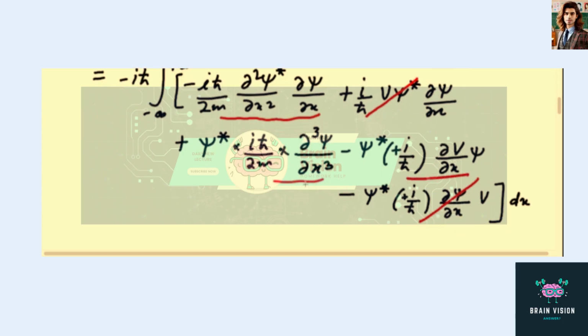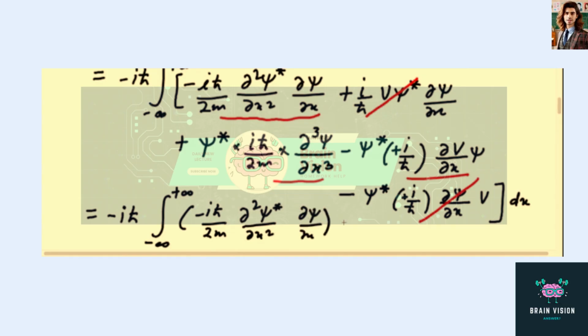Again rewrite this equation. After solving, you will get minus iħ, integral from minus infinity to plus infinity, minus iħ/2m, ∂²ψ*/∂x² and ∂ψ/∂x.